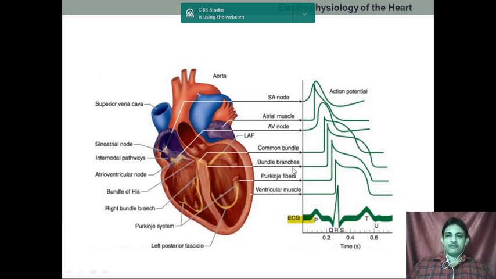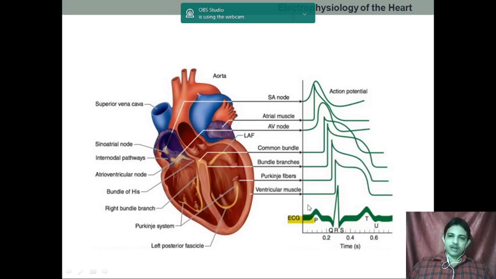Next is the bundle branches, again almost the same, though it takes more time for repolarization. Next is the Purkinje fiber, again fast action potential generation, and then its repolarization is done slowly, and this is the ventricular muscle action potential.